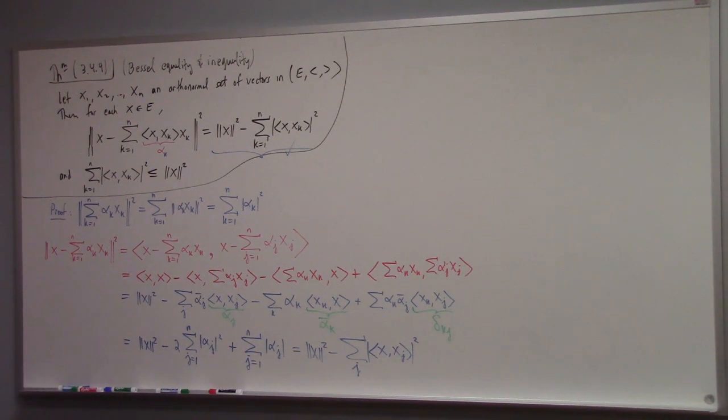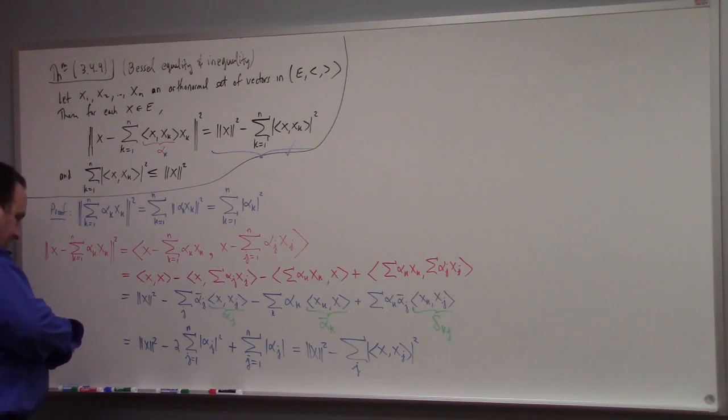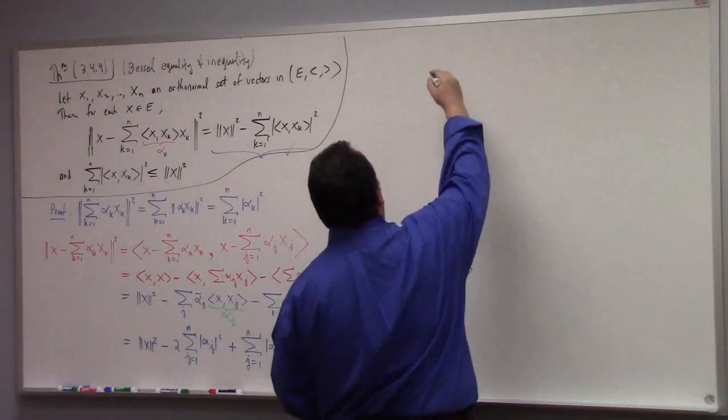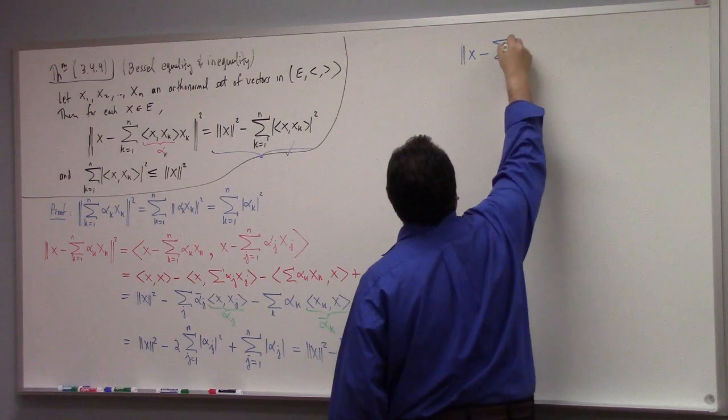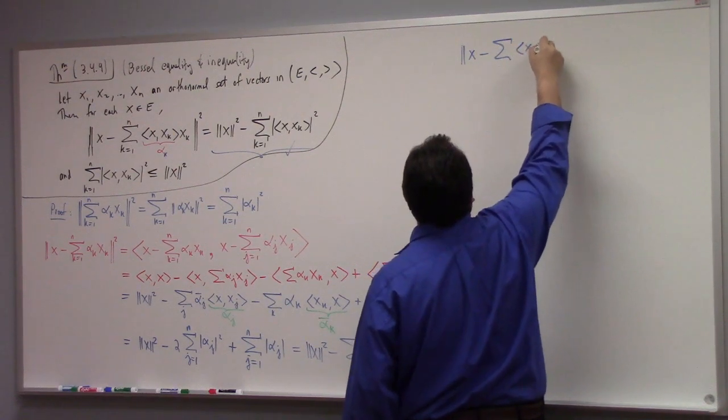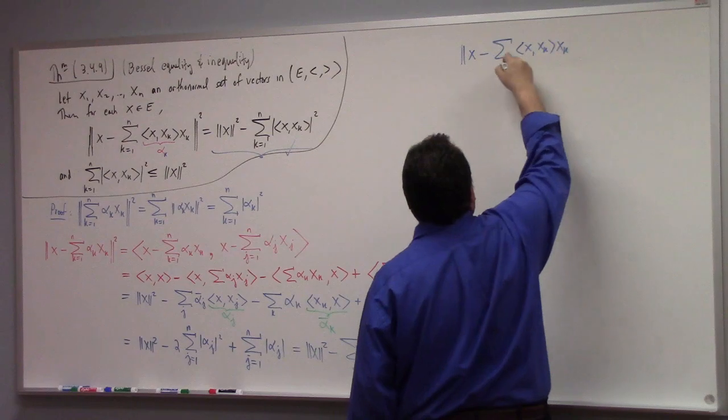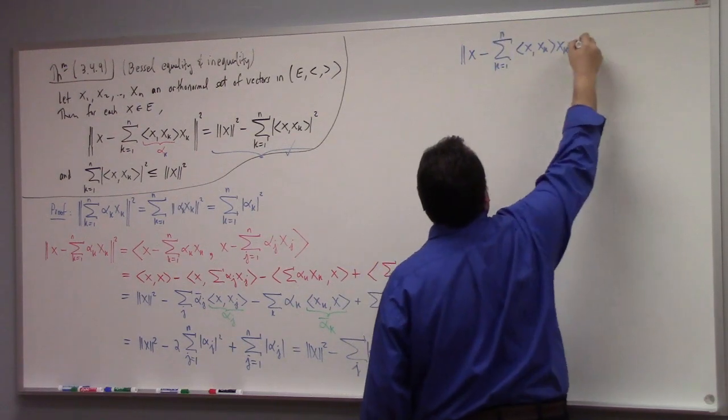And I think the inequality follows immediately if we just like do what? How do we get that inequality from the equality? Oh, you mean just take away the... I've got the norm of x minus the sum x with xk, xk. So I've got this thing, right?